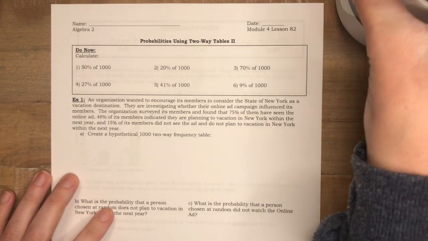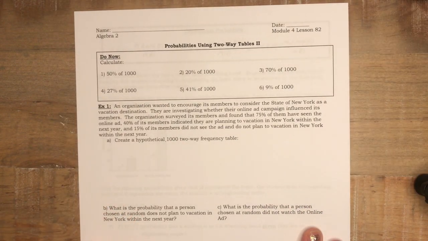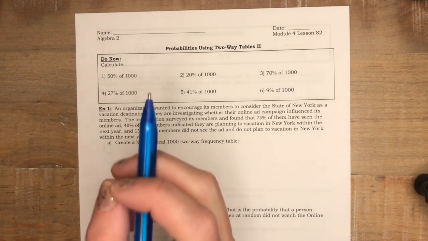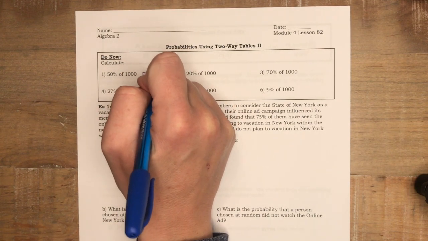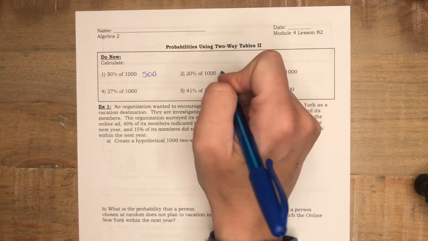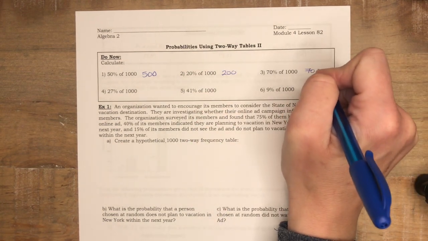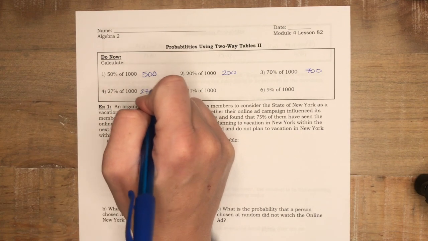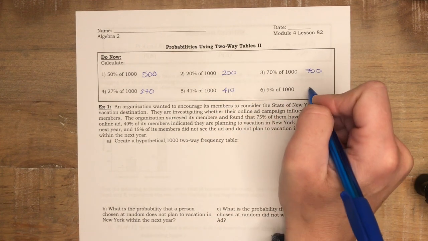So just a quick do now, calculating percent of 1,000, right? So we saw that yesterday in our hypothetical two-way table. So 50% of 1,000, 500; 20% of 1,000, 200; 70% of 1,000, 700; 27%, 270; 41%, 410; 9%, 90.